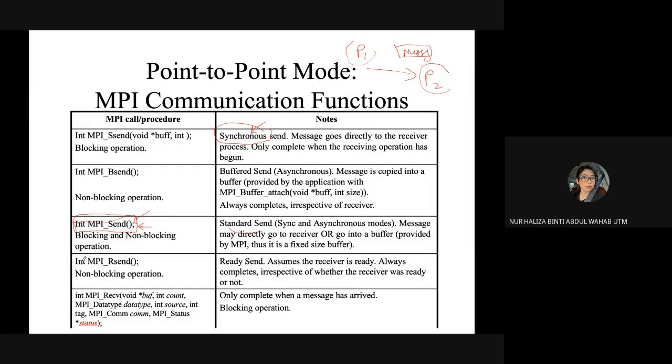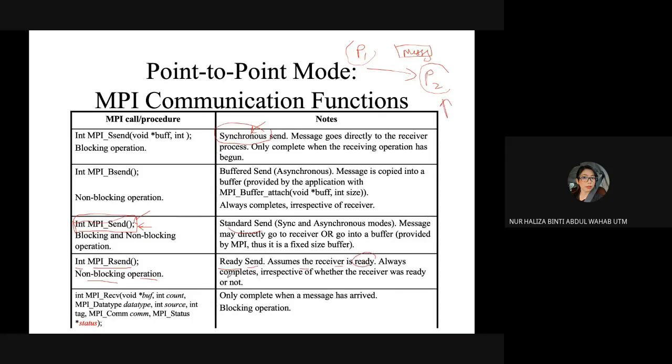And you can also have MPI rsend. This one is when you are ready to send, which is a non-blocking operation. Assume that the receiver is ready, which is your P2 maybe at that time.